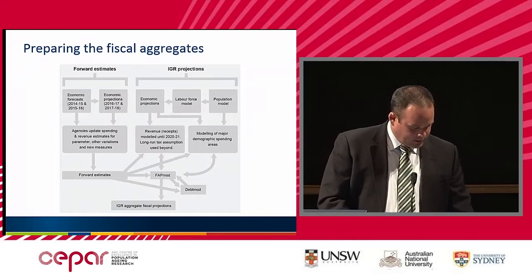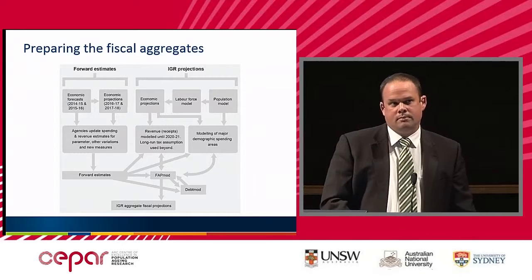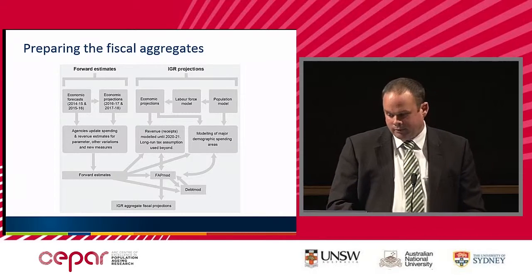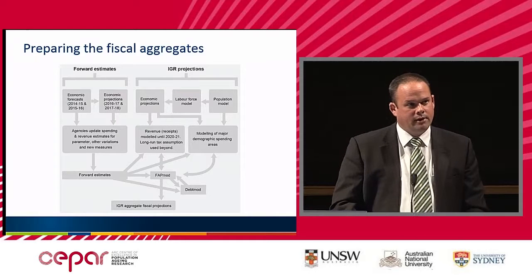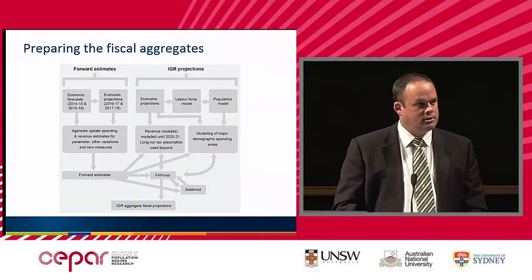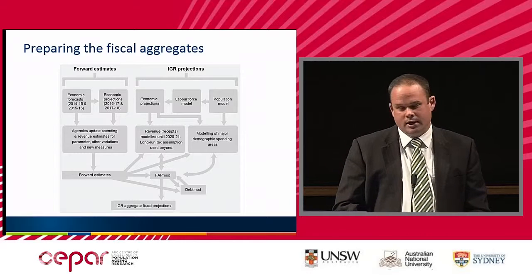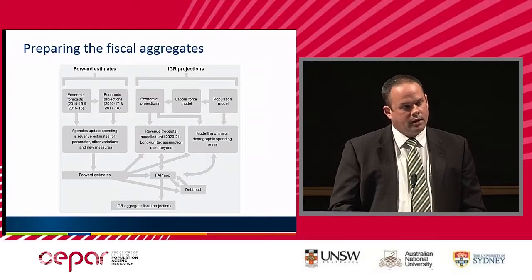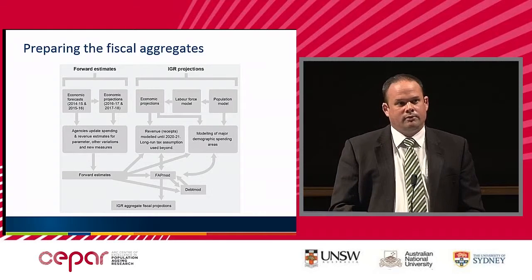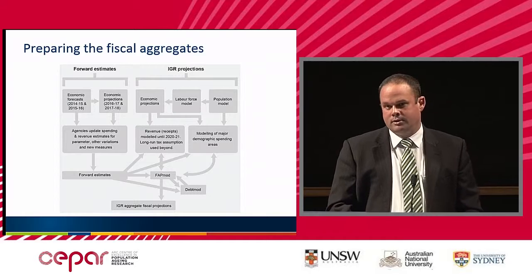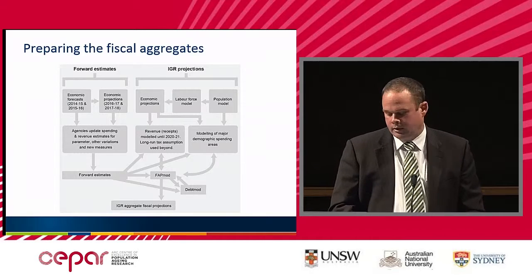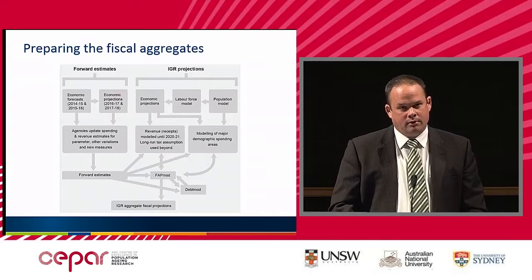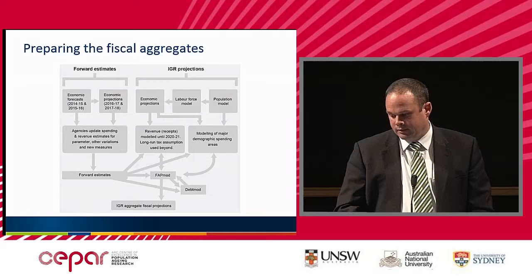The revenue side of the equation is actually modelled in the short term, and that's consistent with our medium-term economic modelling. What we have in this IGR is a recovery in revenue over the next few years from around 22% of GDP to 23.9%. At that point, we hold that assumption constant on the basis that successive governments have generally decided to hand back bracket creep, and one way or another tend to make decisions that keep a lid on aggregate receipts.